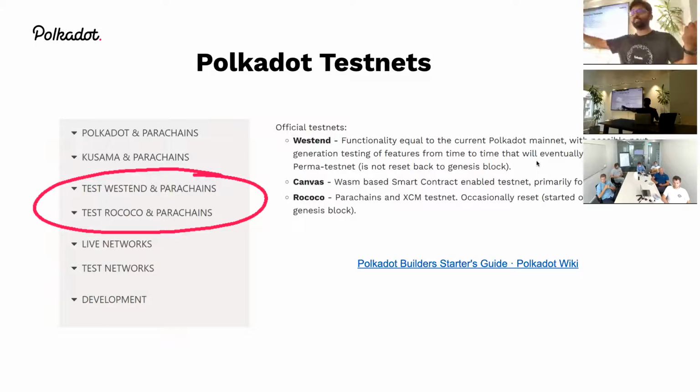It keeps increasing with all the testing that happens on it. But Rococo can reset at times. When you're adding a really brand new feature, you might want to reset the blockchain to the beginning. But yeah, as a developer entering the Polkadot ecosystem, these are the ones that you'll be working with. You could also deploy validator nodes and test out how things work in here.